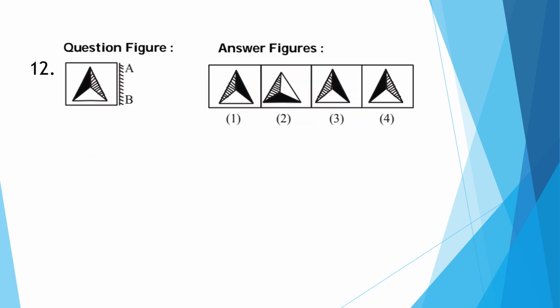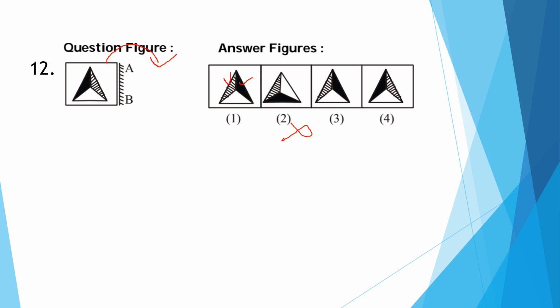Next, in this triangle, there is shading, lines and one empty. The mirror image comes in this direction. Observe the second option, here empty, so this one is wrong. Just left and right will change, so this darkness comes to this side and the shading lines come to the left side. So darkness here and lines here.